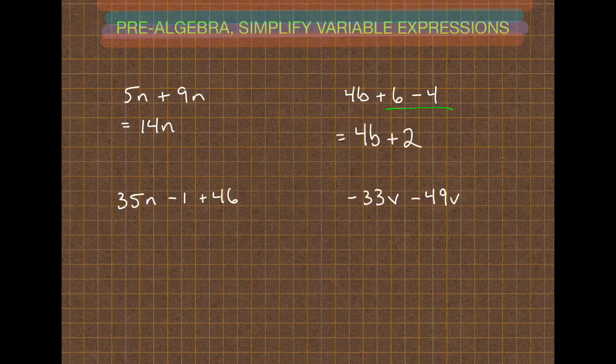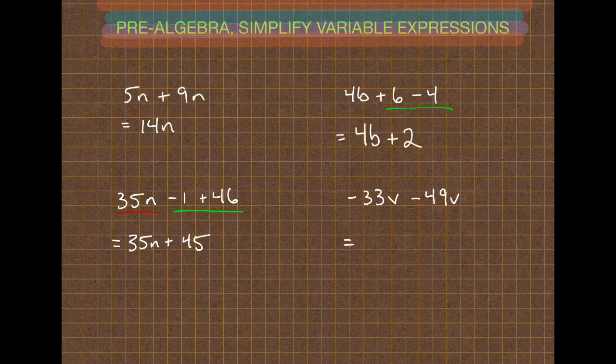Okay, the next one, we could kind of separate these constants from the variable that we have here. So -1 plus 46, that's going to give us a +45. And that 35n, since it's by itself, we just kind of bring it down.